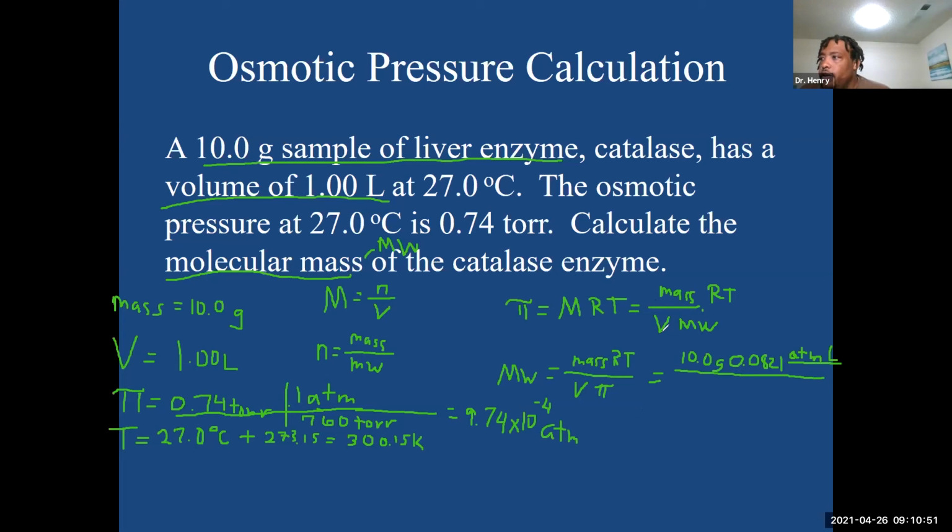Okay, so we put our volume. Oh, gotta put our temperature, which calculates to 300.15 Kelvin. Our volume, which was 1 liter, and our pressure, which is 9.74 times 10 to the -4 atm.